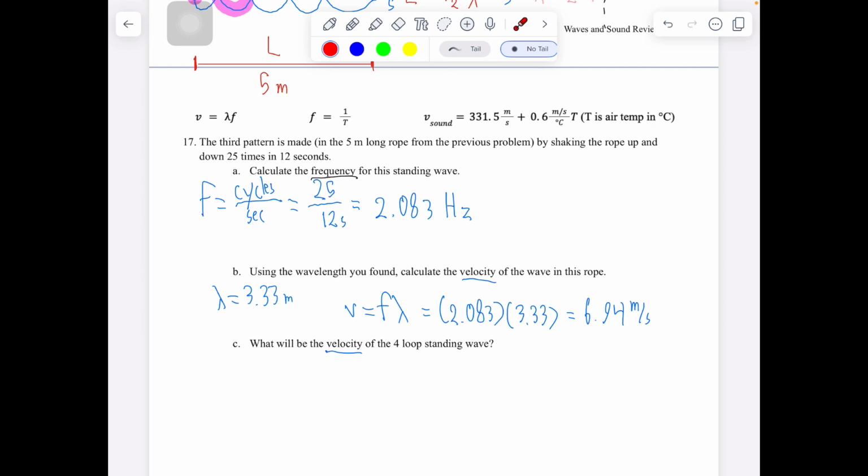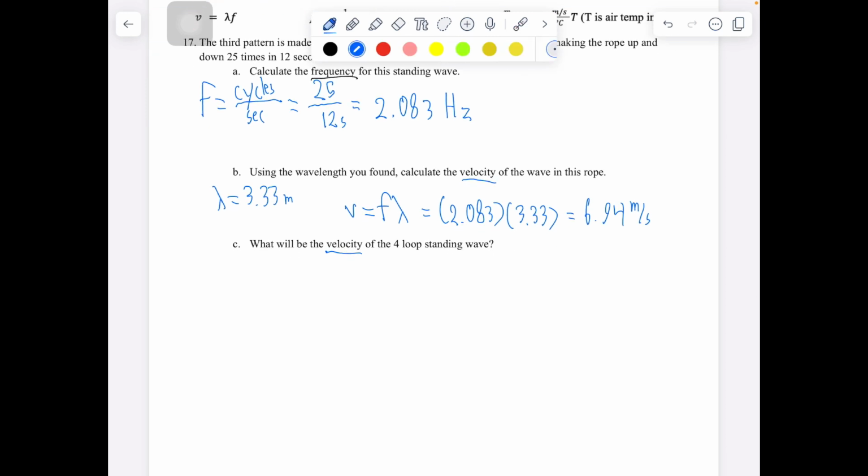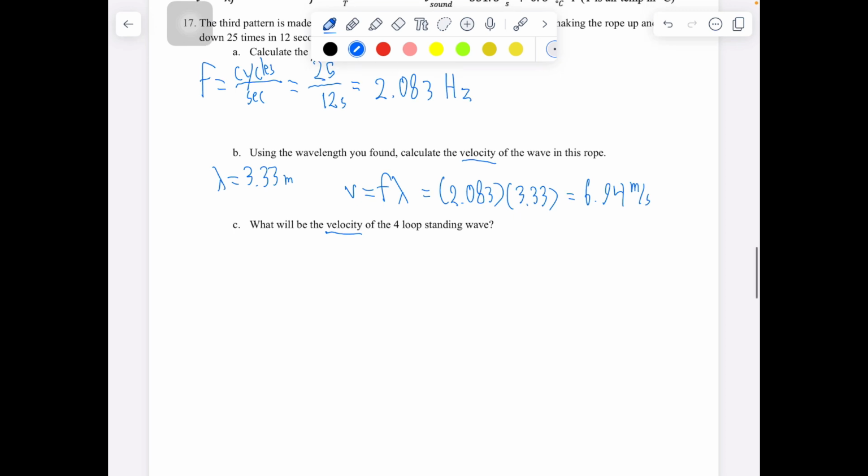If you think about the Standing Wave Lab, to make more loops, you had to move your wrist up and down more times in a single second. You had to increase your frequency. So as that wavelength is decreasing, your frequency is increasing. Those increases and decreases are proportional to each other. So if, say, the wavelength is cut in half, the frequency is going to double, so you end up with the same velocity.